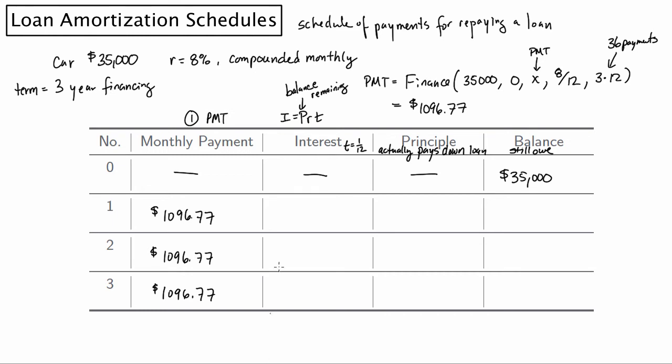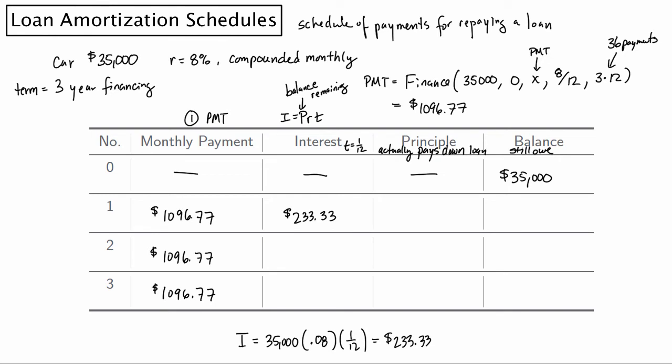And so to calculate the interest here, I'm simply going to calculate for this first example. The interest would be the $35,000 that we owe times the rate of 8% times 1 month, and that value ends up being $233.33. So that is the amount of money that I would need to pay to interest for this example.